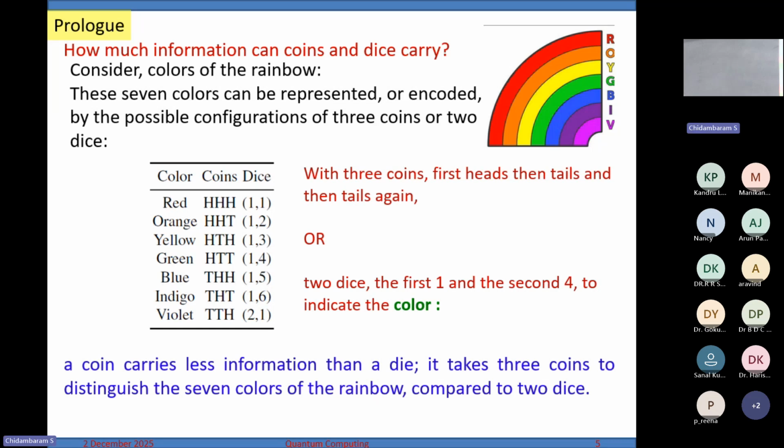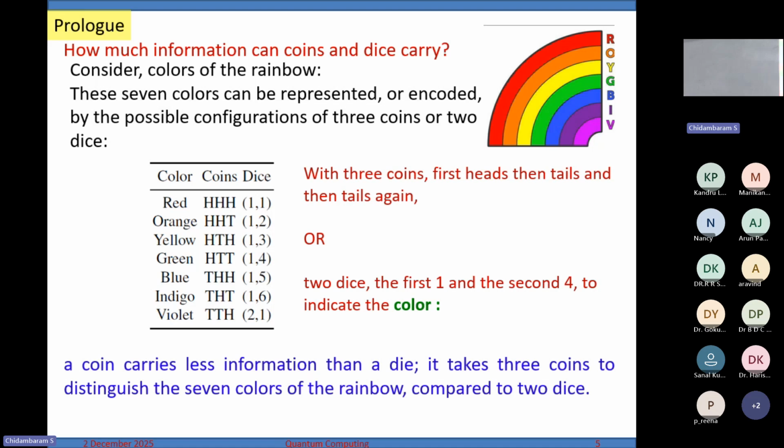Okay. So now where is this getting correlated with what we have learned so far? We said qubit, a single bit. A single bit has two states, 0, 1, right? So imagine if I am representing this information with a classical bit, how many bits would I require?